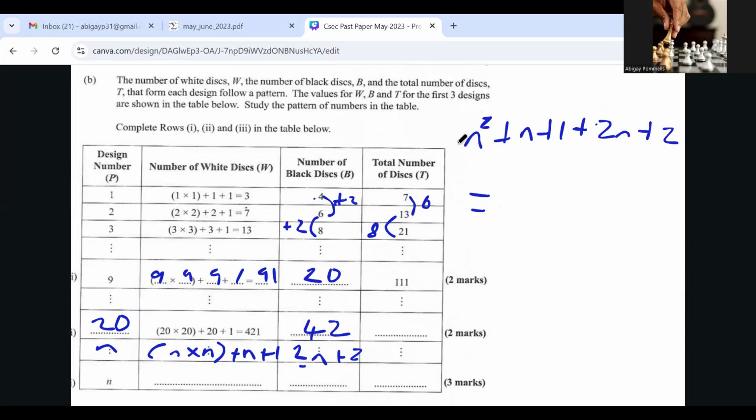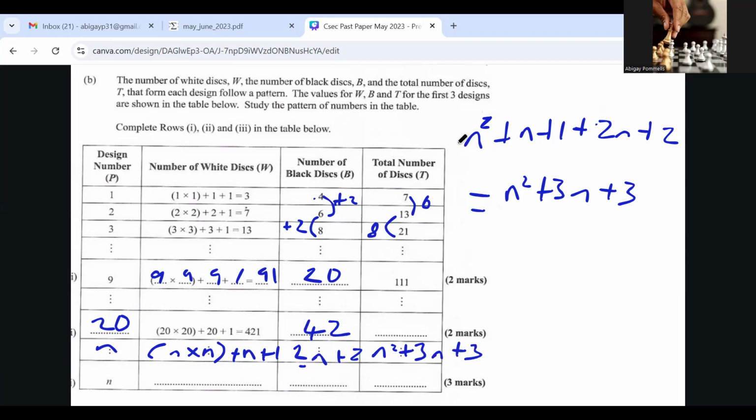That will give us n squared, n and 2n, 3n, plus 3. Okay, not bad. So let's just write n squared plus 3n plus 3.